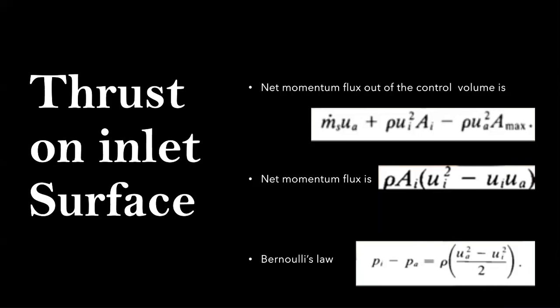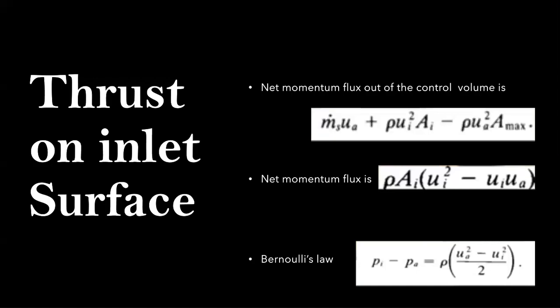Now I'm going to mention what those variables are. ua and ui are the velocities. That is, ua is the free stream velocity and ui is the inlet velocity. Ai is the inlet area and A max is the maximum area of the control volume in the engine. Coming to Bernoulli's law, Pi and Pa are the pressures.